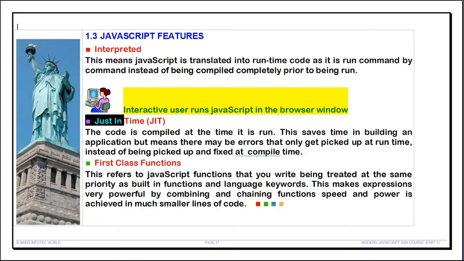JavaScript is what they call just-in-time technology, which means that the code is compiled at the time it is run. So each command is interpreted, and each set of functions and so on, code that is defined in your JavaScript file is loaded and is compiled into executable code when it's run, instead of being compiled previously.